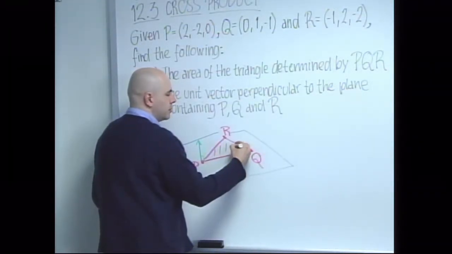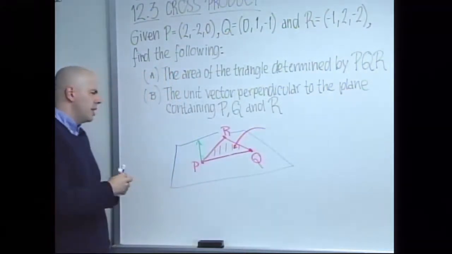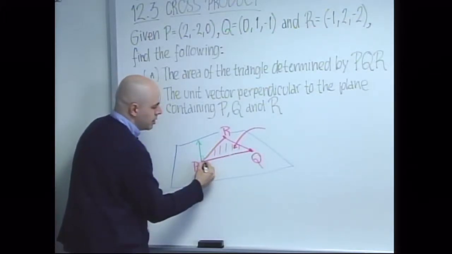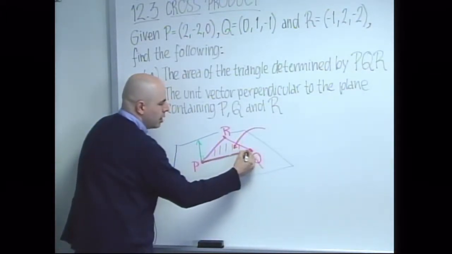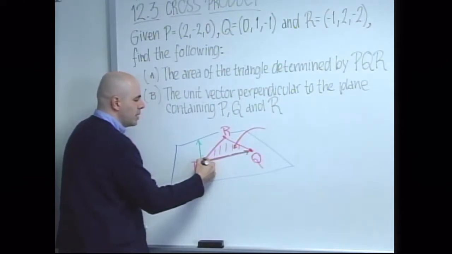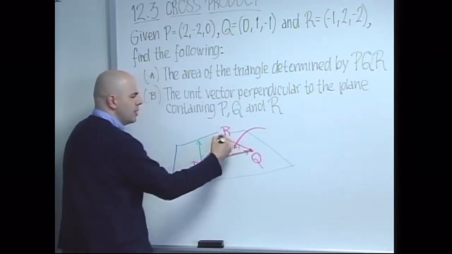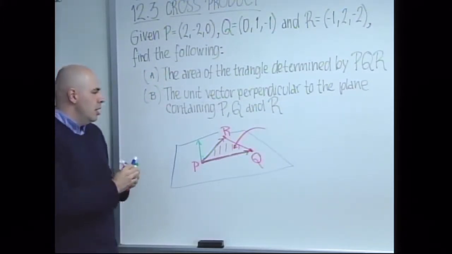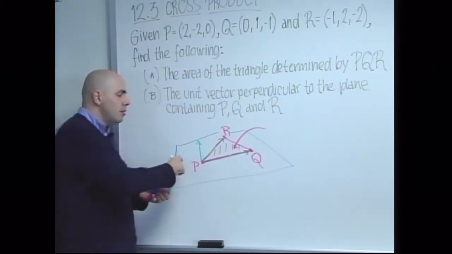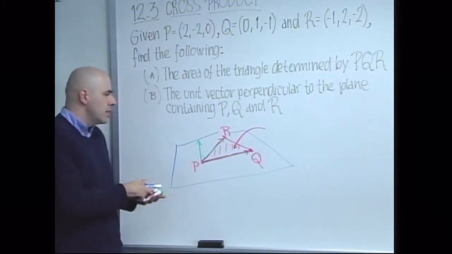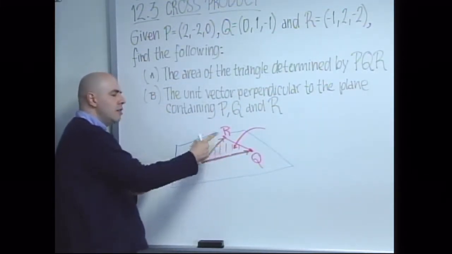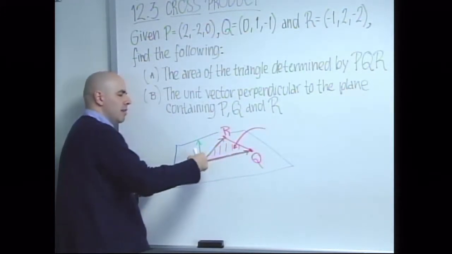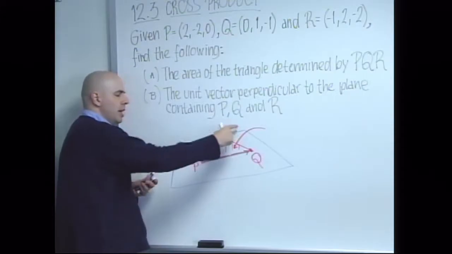In order to compute this area, we're going to try to transform everything into vectors. The first thing is to create the vector PQ and the vector PR. It really doesn't matter which 2 vectors you take. I'm just going to take these ones, and we're going to put the numbers in in just a moment. Once you have these 2 vectors, you can compute the cross product, and the magnitude of the cross product gives you the area of the parallelogram formed by these 2 vectors.